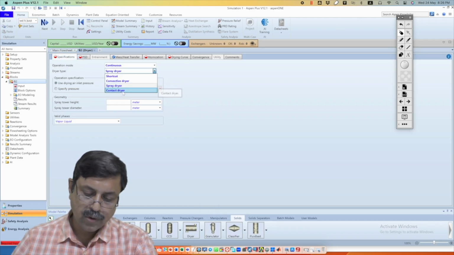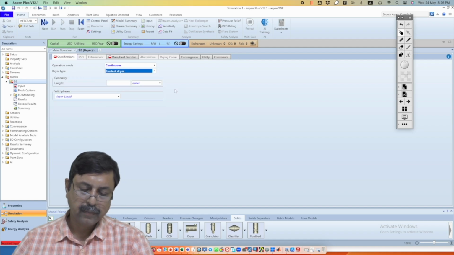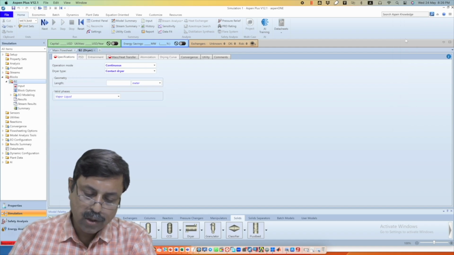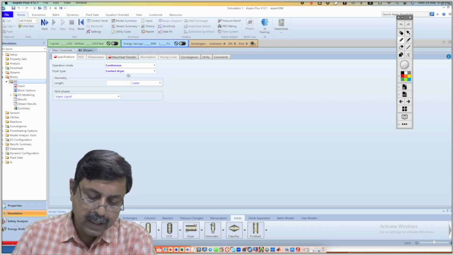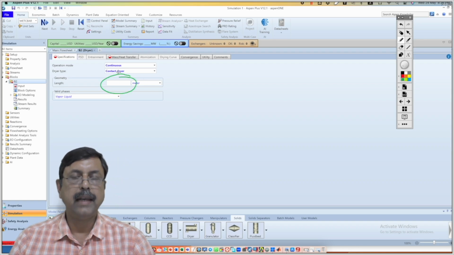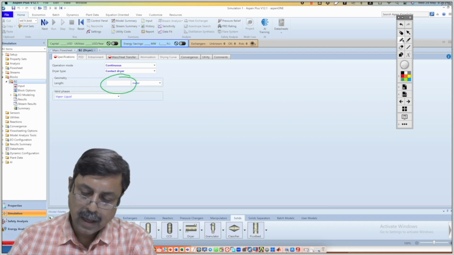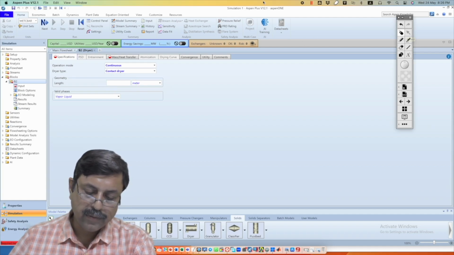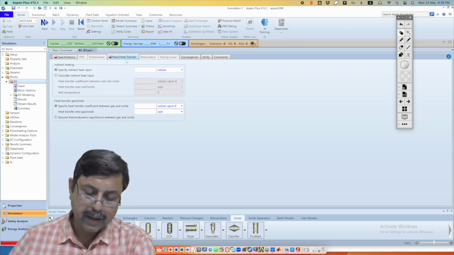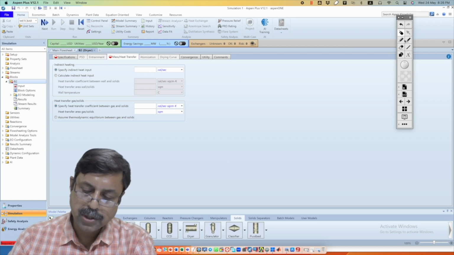And then you have the contact dryer. In the contact dryer, you have to specify the length of the contact dryer, and also you have to provide the mass and heat transfer options.